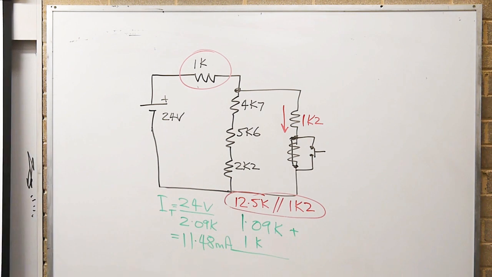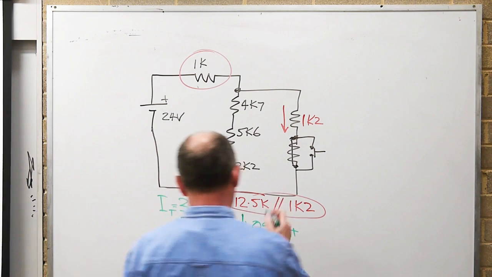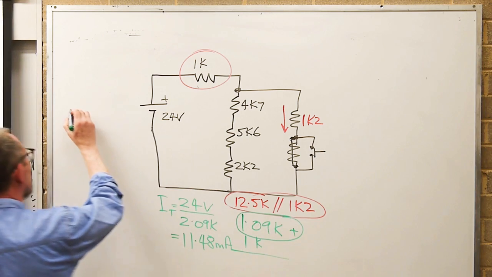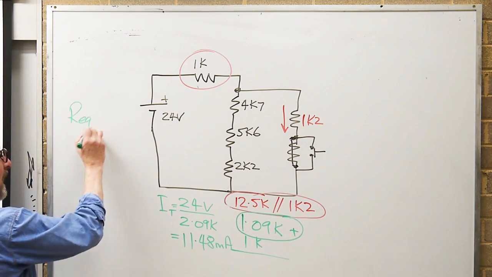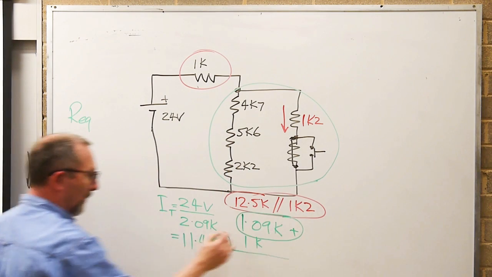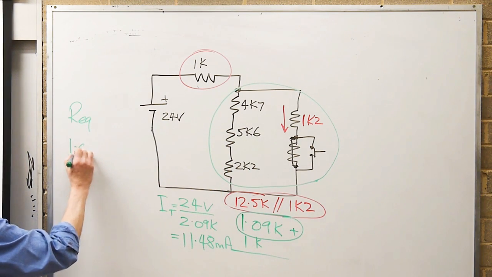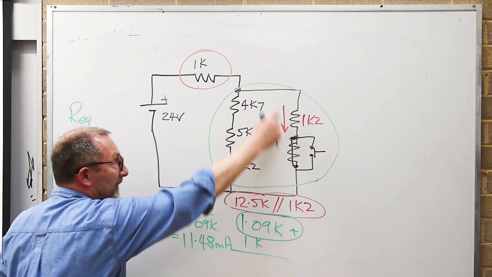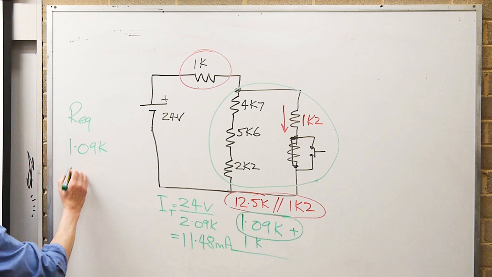I beg your pardon, that was through the second resistor, wasn't it? That's the total current. And then we had to break that down into a current divider, didn't we? So REQ of this whole network works out to be 1.09K. And then we want to find the current going down through the 1K2.